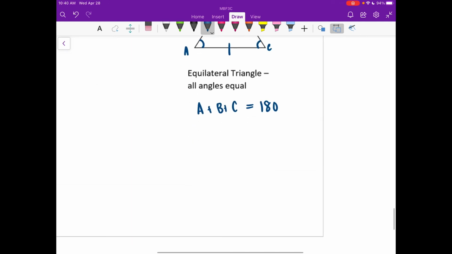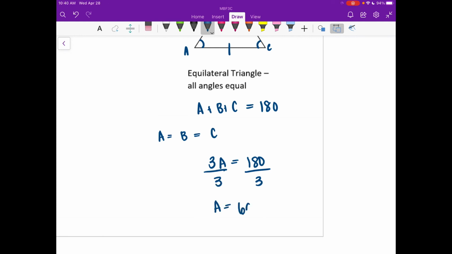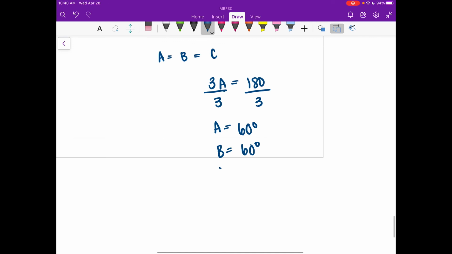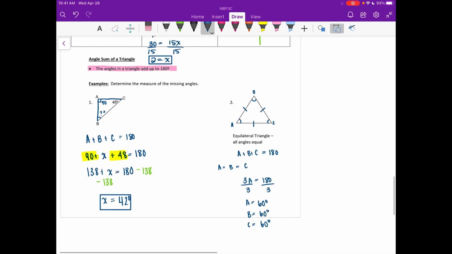I also know that angle A is the same as angle B is the same as angle C. So I can just say 3A is equal to 180, and divide both sides by 3. Each of my angles is going to be 60 degrees because A is equal to B is equal to C. Cool. Hopefully that makes sense.